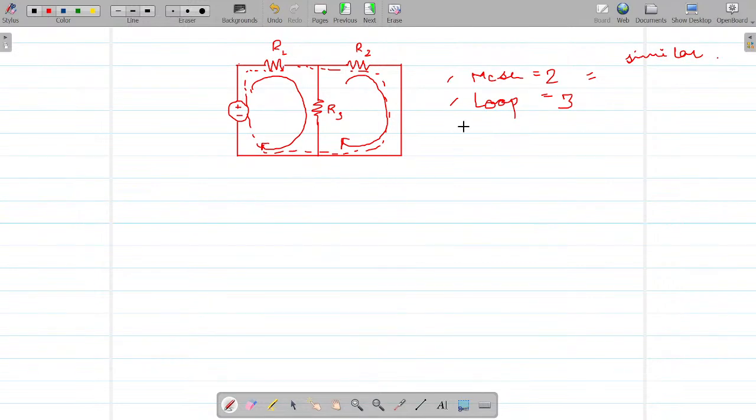For now, just understand there are 2 meshes and 3 loops in this network. Am I clear?